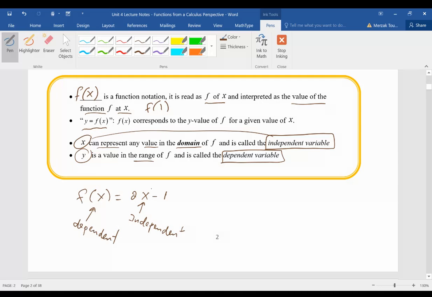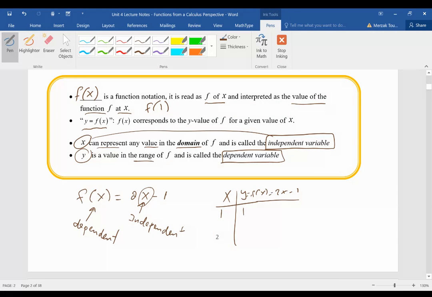So we assign values to x, and then we evaluate the function at these values, and then we will produce some output. For example, if x is 1, 2 times 1 is 2 minus 1 is 1, so the y or the f of x, which is 2x minus 1, is actually 1.